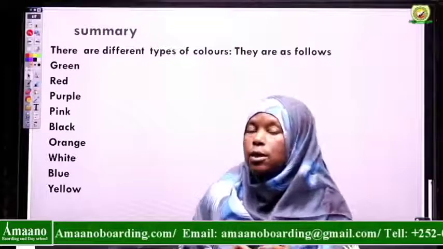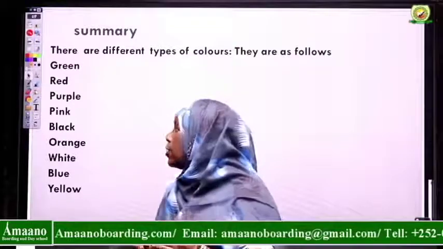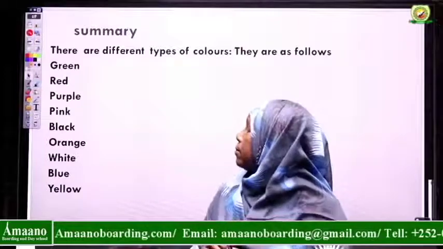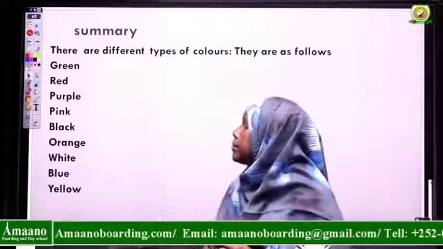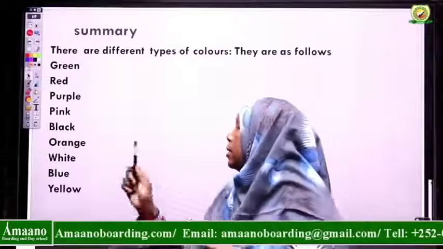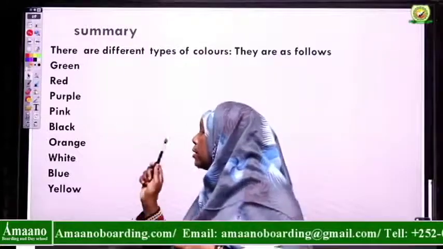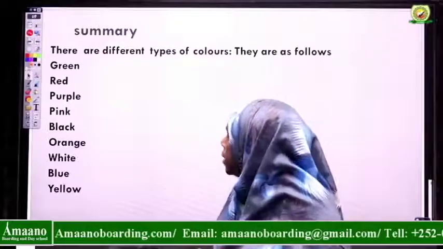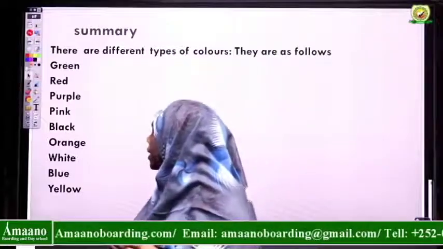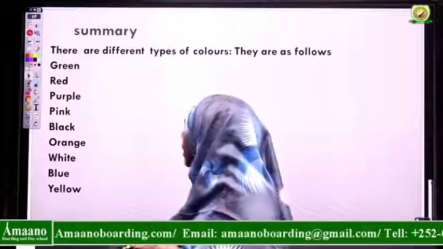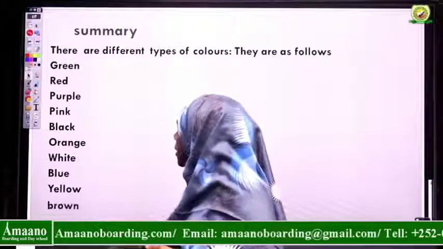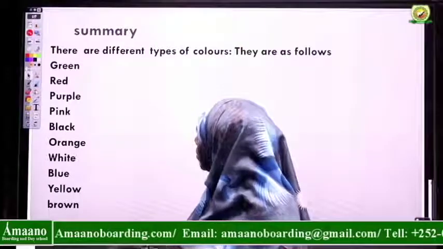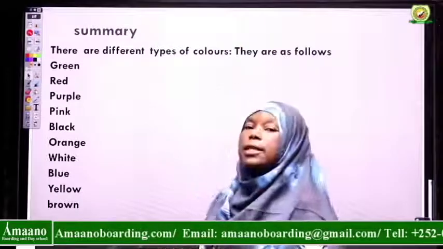So what are the colors that we have learned today? We have learned color green, color red, color purple, color pink, color brown, color black, color white, color blue, color yellow, and lastly we have seen color brown there, though I had already said color brown.